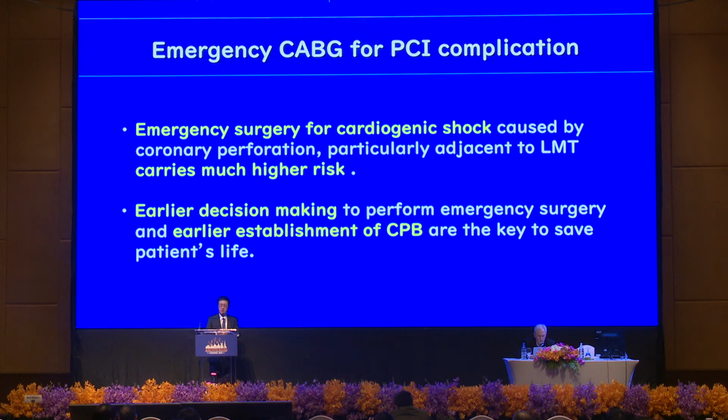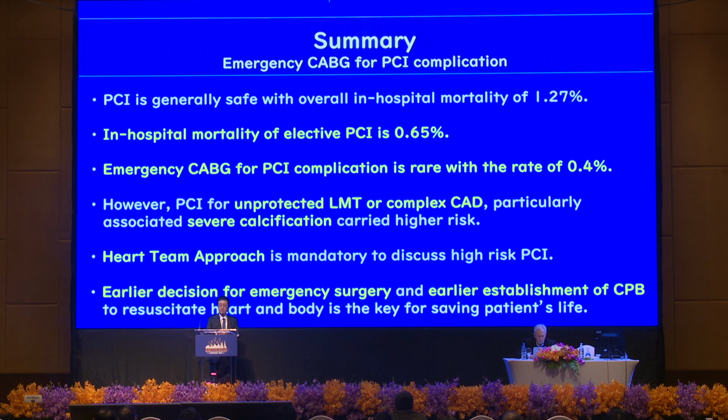However, emergency surgery for cardiogenic shock, which is typically caused by coronary perforation, particularly by an aggressive cardiologist treating the left main lesion, carries a big disaster if it happens close to the left main stem. And of course, for surgeons, earlier decision-making to perform the emergency surgery and earlier establishment of the cardiopulmonary bypass are the key, I think, for saving the patient's life.